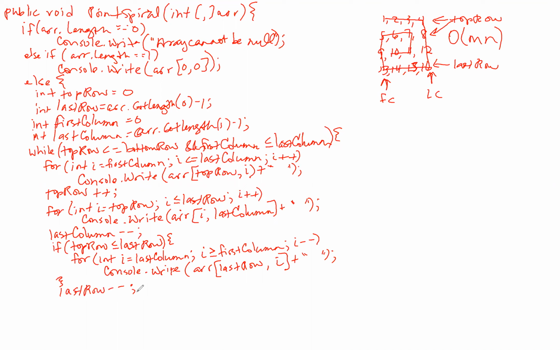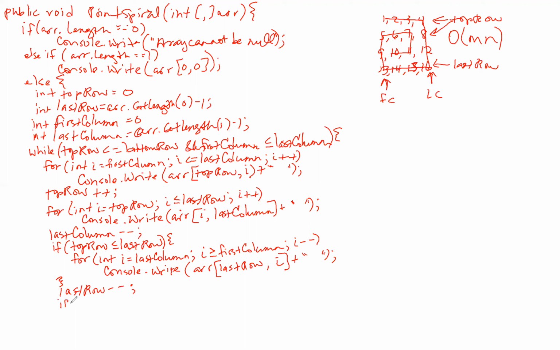Okay, and now we want to do this first column from bottom to top. So we're also going to have to check, because that column might not exist depending on the dimensions of the array.